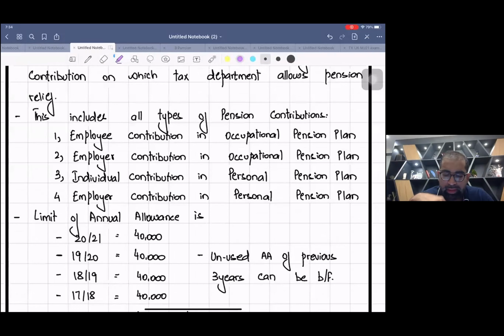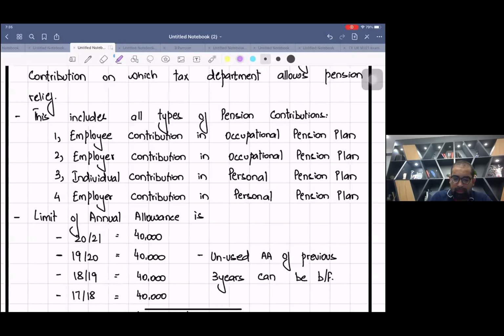Third, if an individual contributes to his or her personal pension account, then through band stretch and physical help you get relief. And whenever your employer contributes to a personal pension plan, again you get relief through exempt benefit. So in these four areas the individual gets relief.